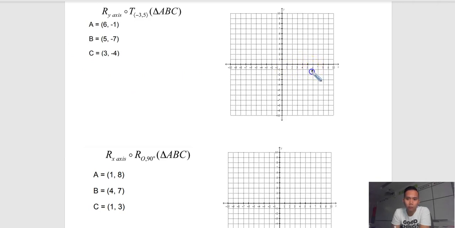It's here. This is my A. And my B is (5, -7). This is B. And my C would be (3, -4). Is that -4 there? Yes, it's C. And then I'm going to connect this, of course, using my pen here.